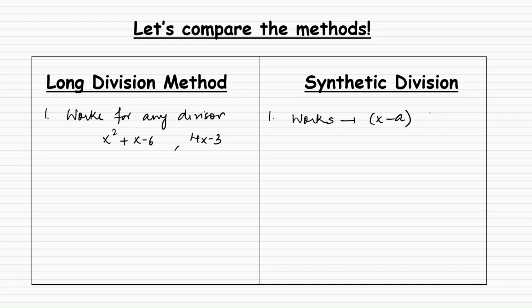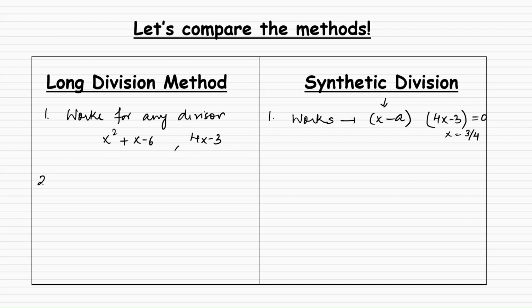Suppose the divisor is 4x minus 3. If you set it equal to 0, your x would come out to be fractional, 3/4. I'm not saying that synthetic division would not work. It would work, but then you have all the operations of fractions: multiplication, addition, and subtraction. So synthetic division works best with divisors of this kind.